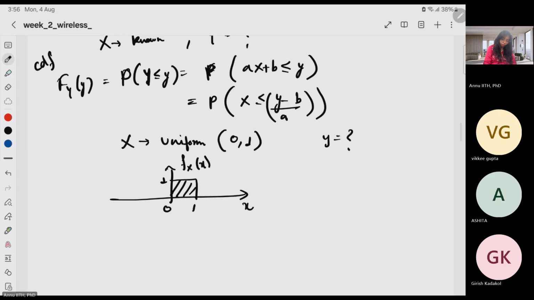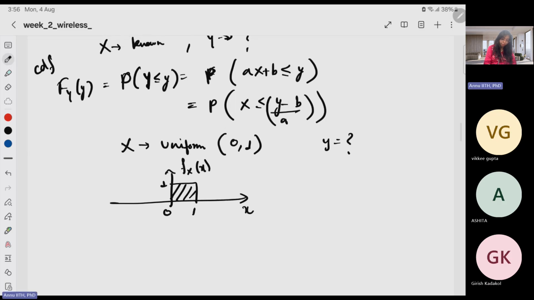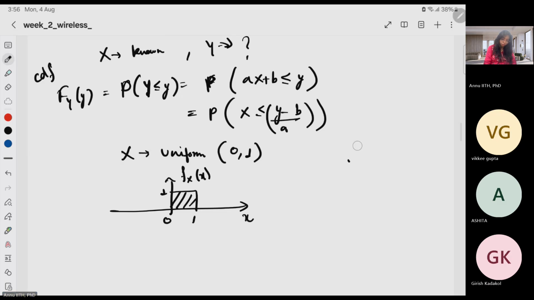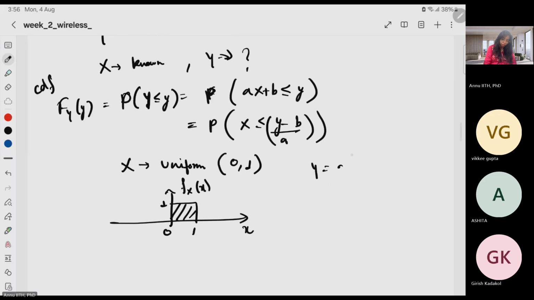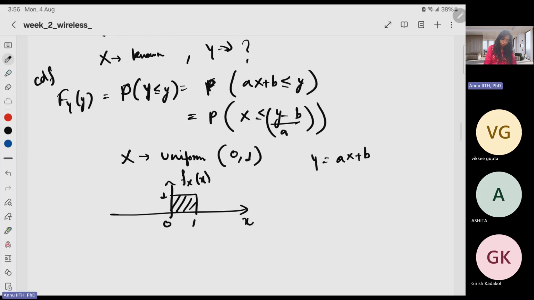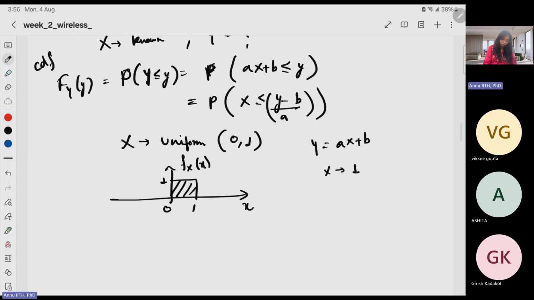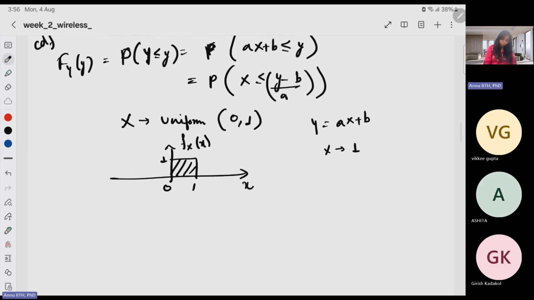So x is less than or equal to y minus b by a. Suppose y is equal to ax plus b. If the upper limit of x is 1, then the y upper limit is a plus b, right?